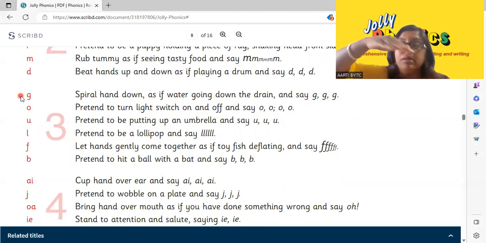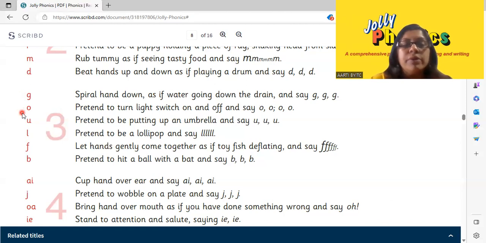G, g, g. Water gurgles down the drain with a gug, gug, gug. So this is the sound of letter G. Very simple. Make the children understand. The sound of letter G is not J. It's G, G, G.